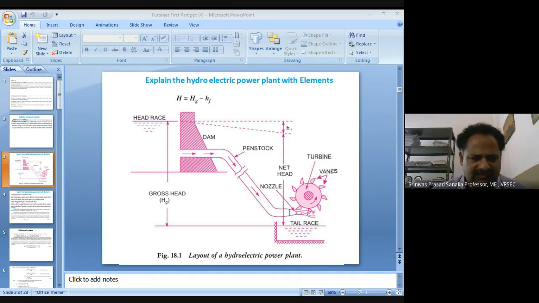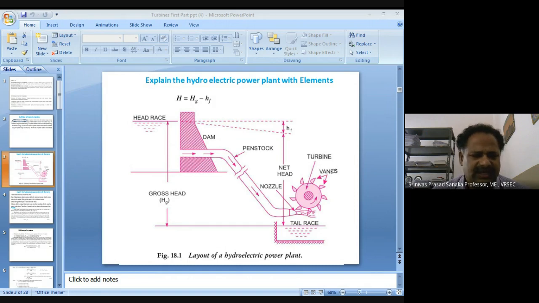If you look at this pipeline, it is the penstock. Generally, concrete or steel are the materials used for penstocks. The penstocks are the pipelines in actual hydroelectric power plants.